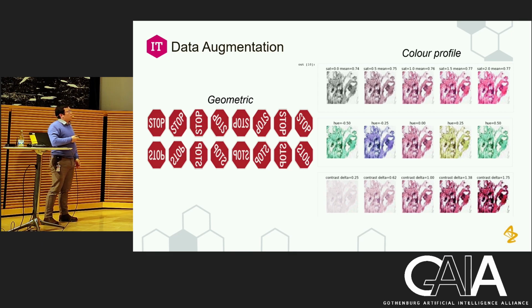Then for color, we first convert the patches into HSV color space, and randomly augment the saturation, hue, and contrast channels. In the end, we generate a much richer training set, so hopefully, when we apply the trained model to a testing set, it will generalize better.